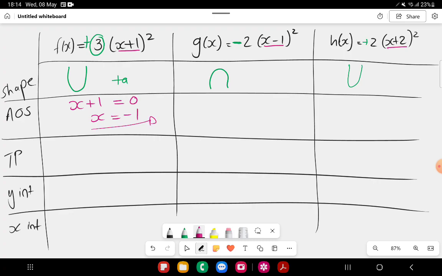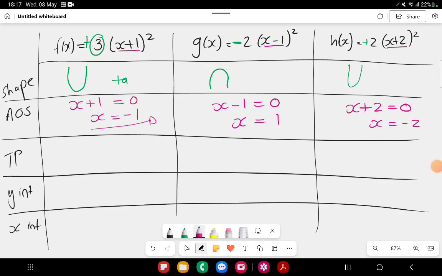Your axis of symmetry is on negative 1. Same thing for the second one: x minus 1 equals 0, so x for the axis of symmetry is equal to positive 1. And on the third one, x plus 2 equals 0, so x equals negative 2. That's pretty simple.